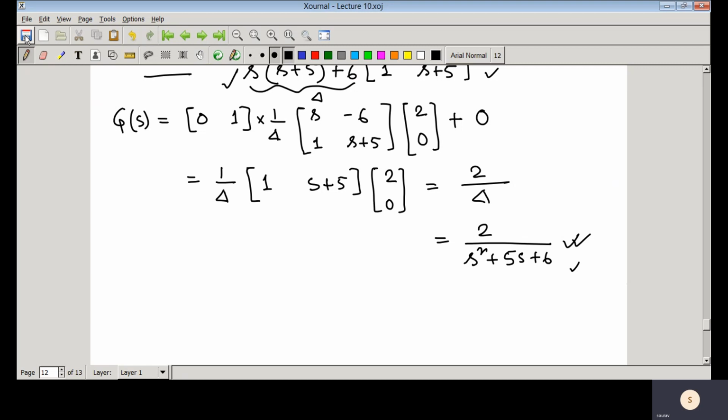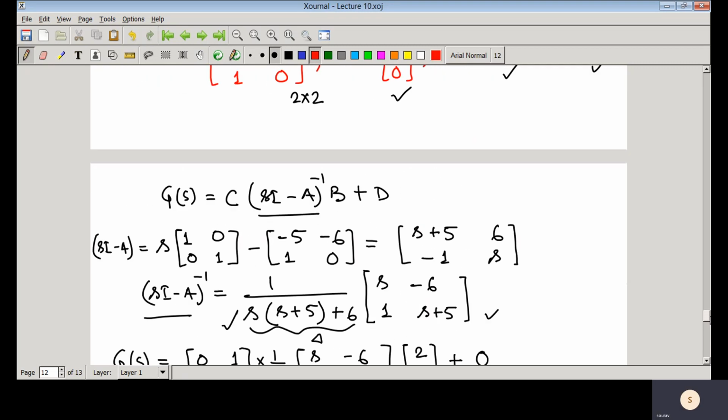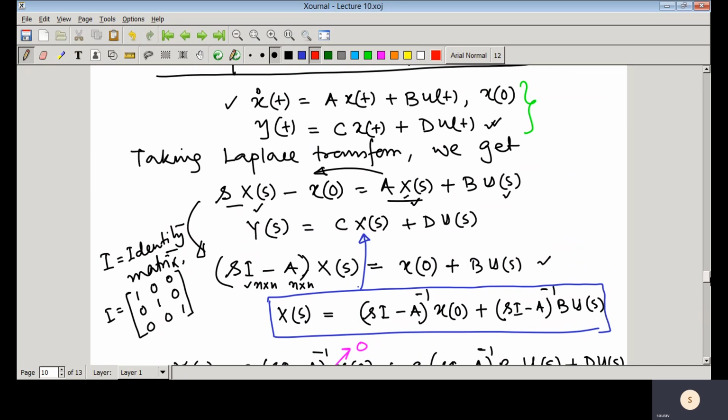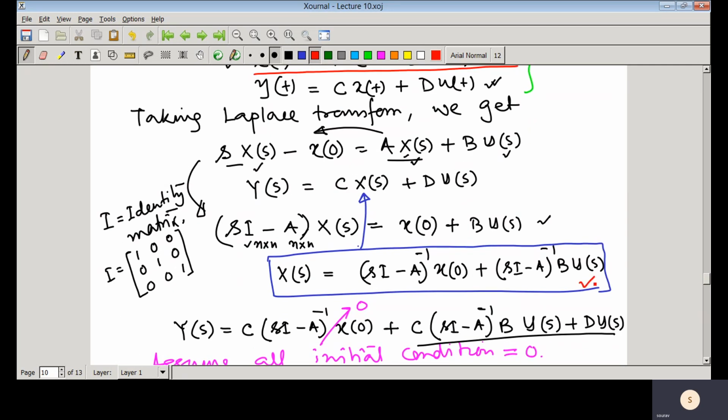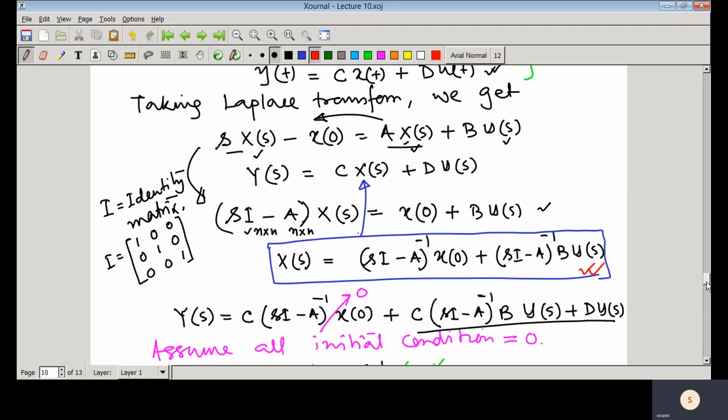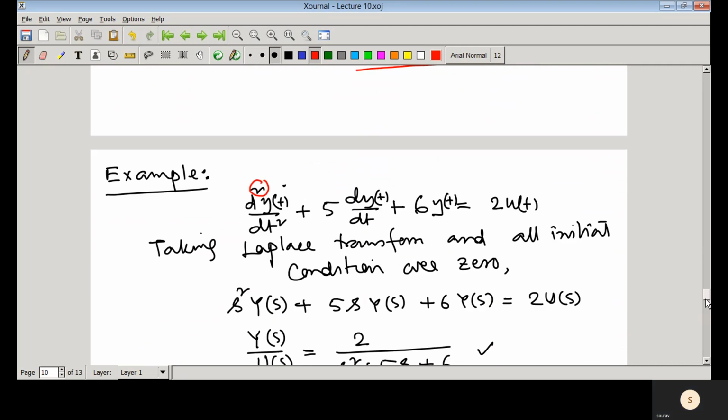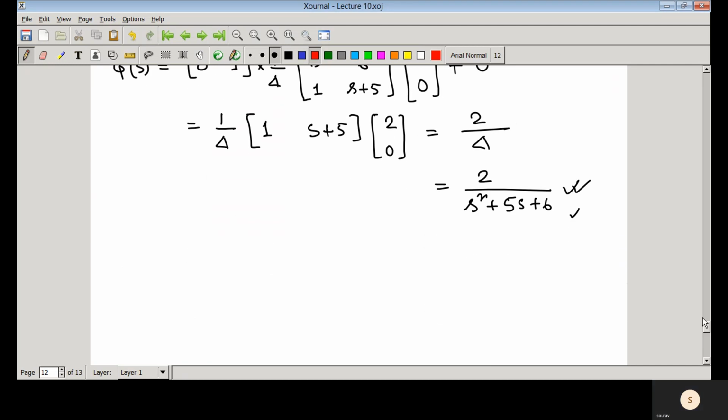So now let us see how to find the solution of the state equation. This is the state equation you have, x dot(t) equal to A x(t) plus B u(t) with the initial condition x(0). Now if you take the Laplace transform, you will get this expression. So let us write that expression, and put the heading, solution of the state equation.